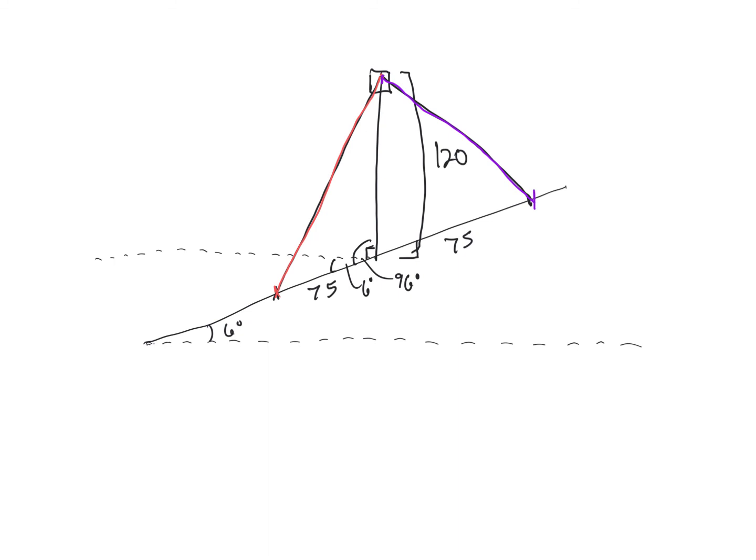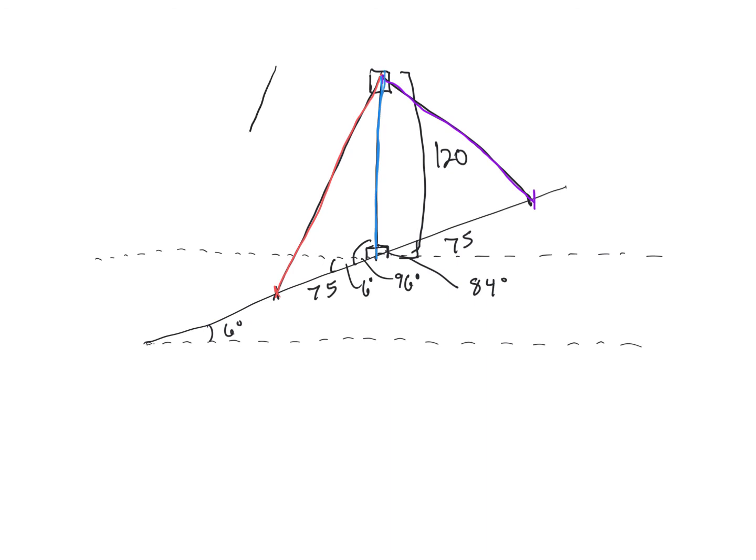If I draw another parallel line where the tower is, from here to here, isn't this supposed to be 90 degrees? But I'm missing 6 degrees from that. So technically, this angle is 90 minus 6, so that is 84 degrees. I got an 84 degree and a 96 degree.